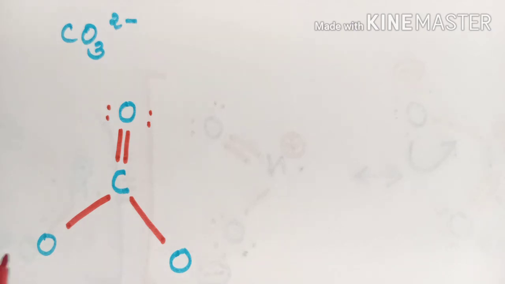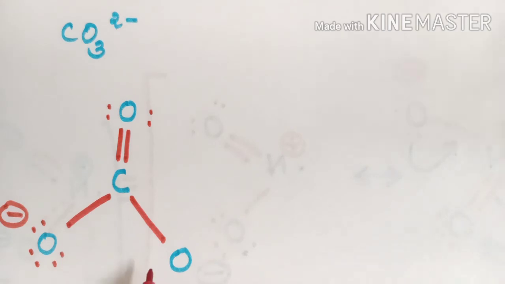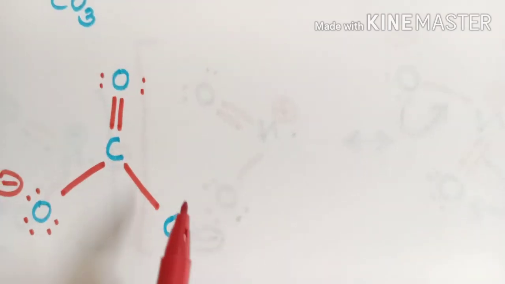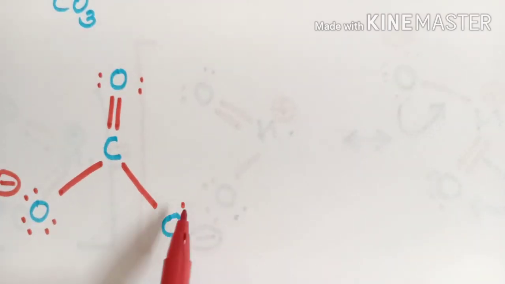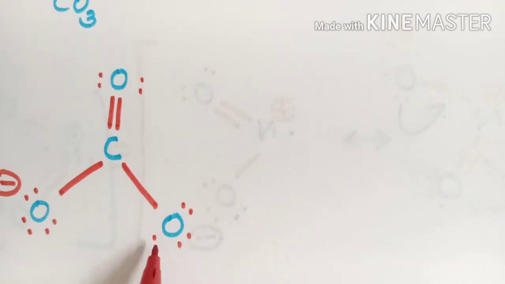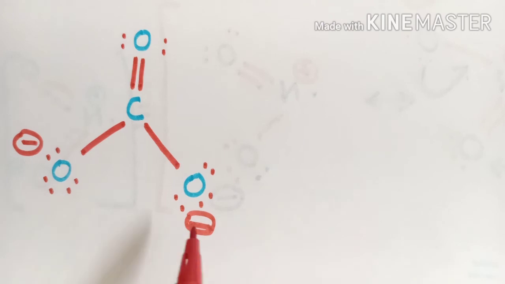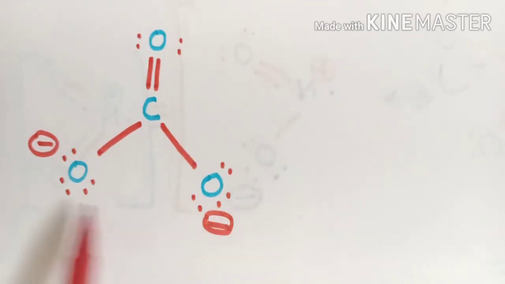With the result, we find that it should have a total of 7 electrons on each: 1 2 3 4 5 6 7. So this is carrying a negative charge, and the next oxygen also is carrying a negative charge: 1 2 3 4 5 6 7. So it is negative. So you find that both these oxygen atoms are having plenty of electrons.